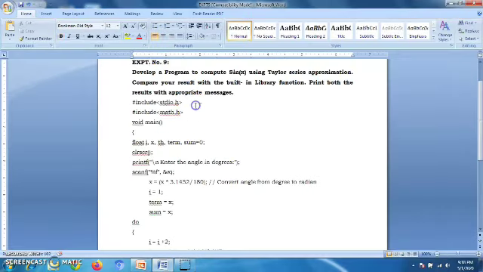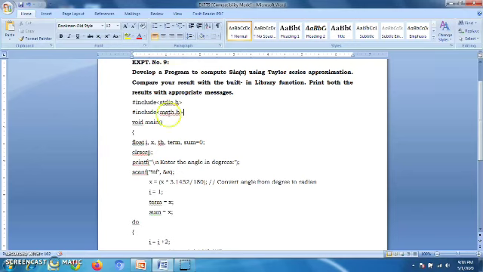So this is a C program to compute the sine of x. We already saw the aim. As usual, the header files will be at the beginning. We use hash include stdio.h because we will be using the printf and scanf statements in our program, and after that we use one more header file, hash include math.h.